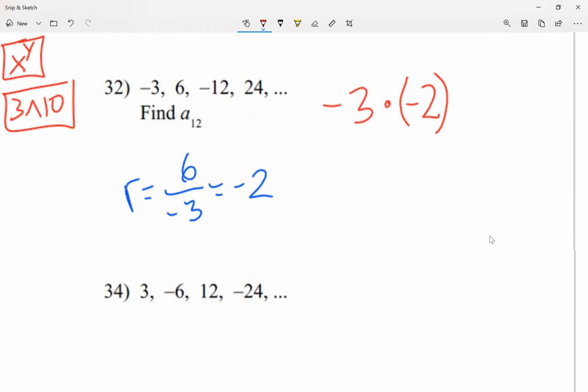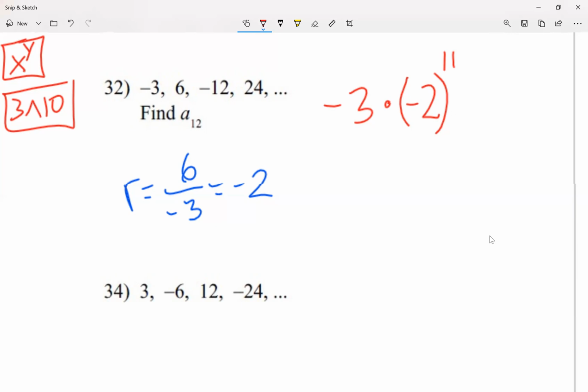Because I start multiplying from the second number, once I get the second number, I'm going to multiply my ratio 11 times, right? I want the 12th number on the list. Again, we start using the ratio starting from the second number. So it's always going to be one less. Now, (-2) to the 11th, right?